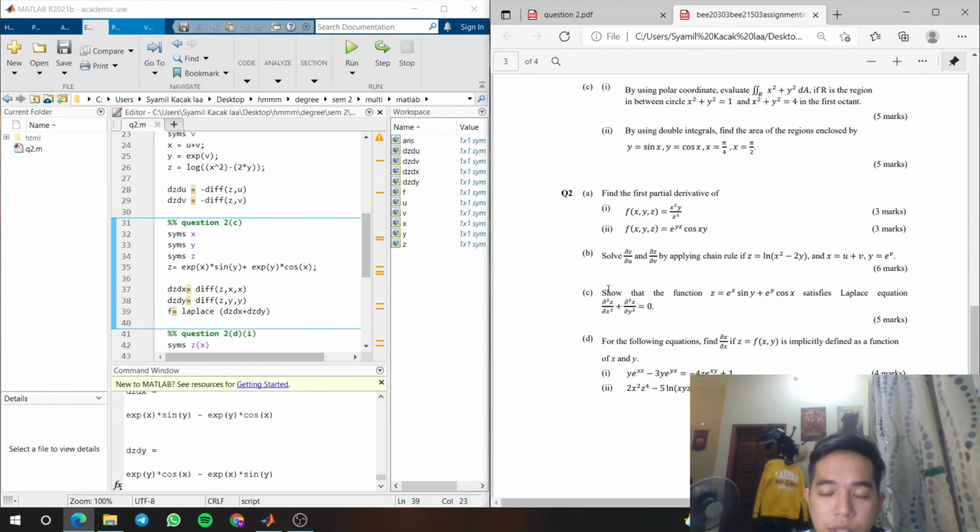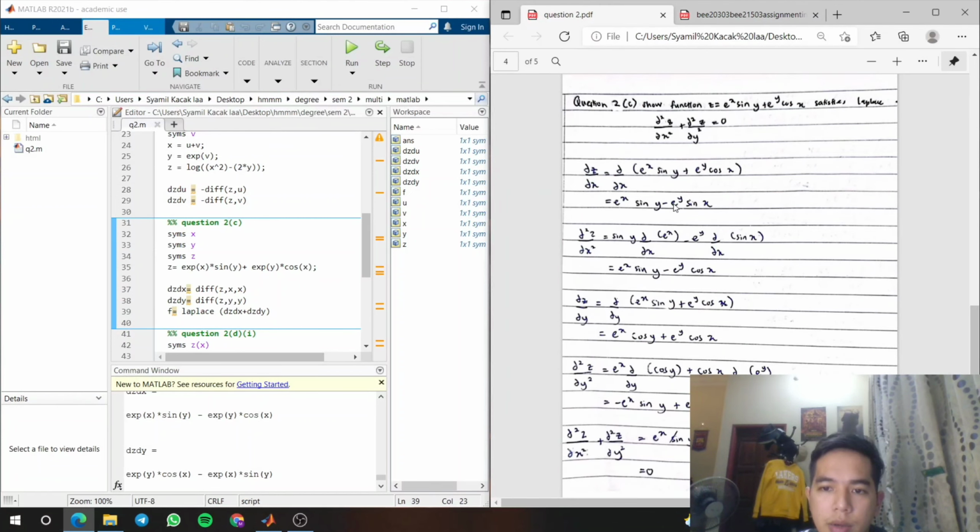Next, number 2c, show that the function z equal to exponent power of x sin y plus exponent power of y cos x satisfies Laplace equation, second derivative with respect to x plus second derivative with respect to y equal to 0. For the manual, first, like usual, we differentiate this equation with respect to x, and then we differentiate this answer again with respect to x, and then we differentiate this equation with respect to y, and then again with respect to y, and we just arrange the equation and we got 0.